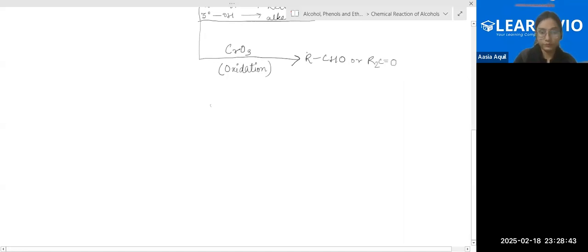See one thing. Now the question arises, when will it give aldehyde and when will the product be ketone? If your alcohol is primary, it will first give aldehyde, followed by conversion into carboxylic acid.